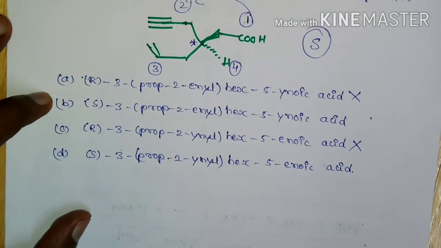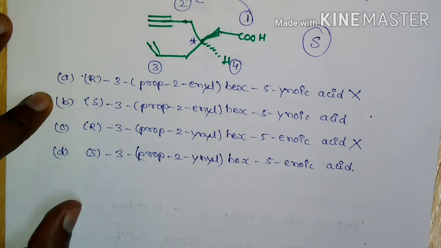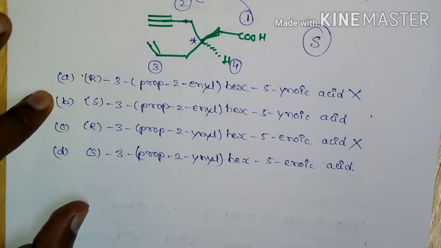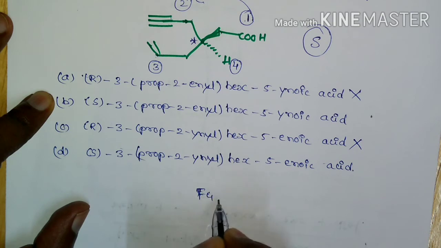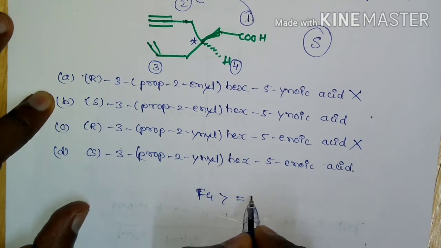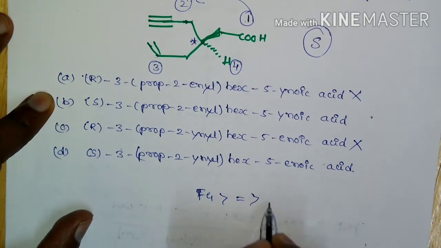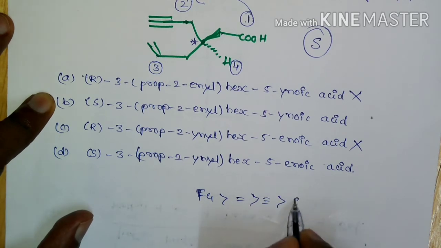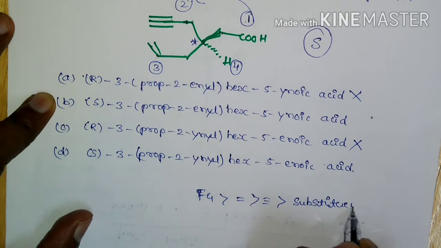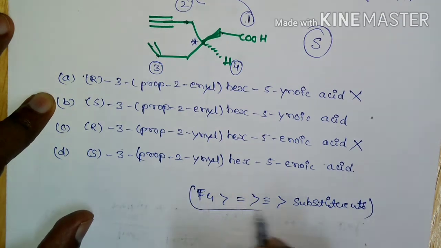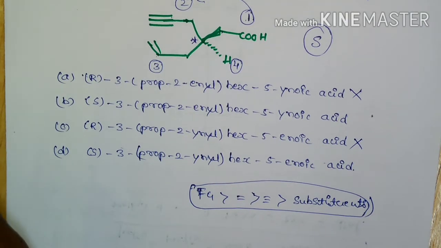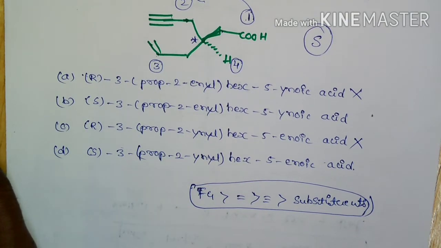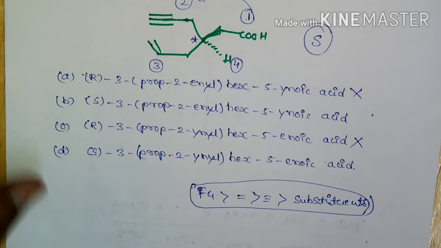Now we need to assign the IUPAC nomenclature. We know the rule: functional group will take first priority, then double bond, then triple bond, then substituents. Here the functional group is CHO, and this is also known as a terminating functional group.